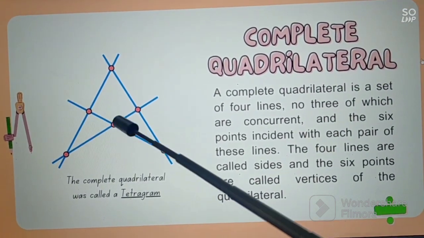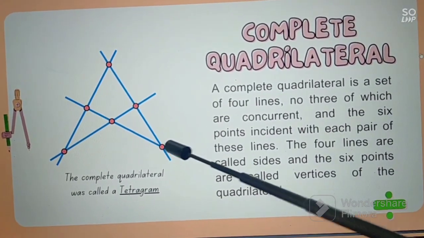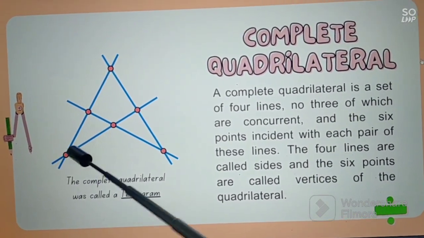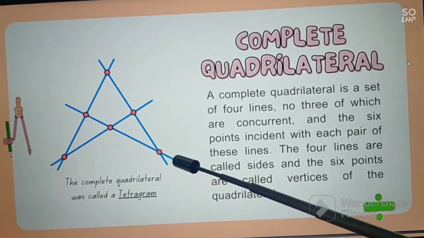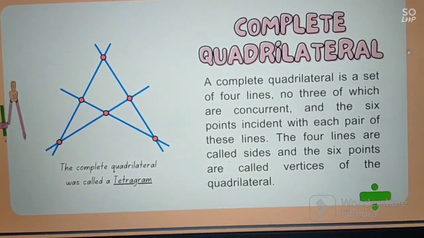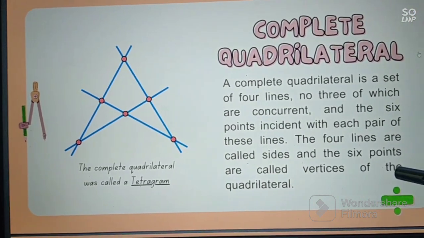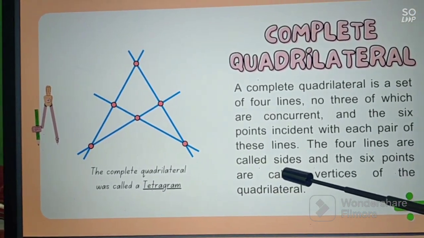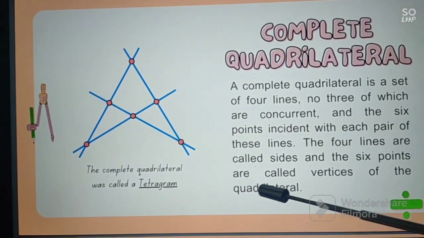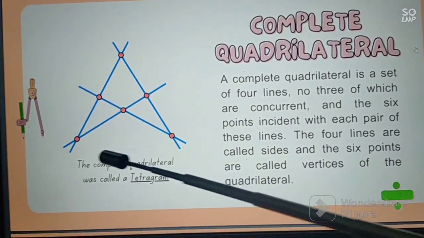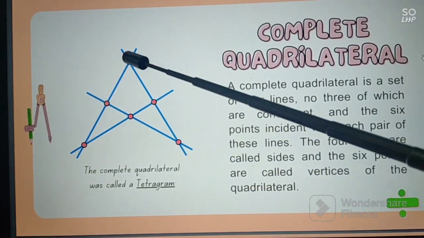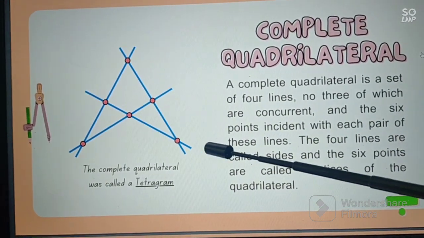Each of the 6 points is connected by a pair of lines. At one point, there are 2 lines. At the second point, there are 2 lines. So the 4 lines are called sides. And the 6 points are called vertices of the quadrilateral. So these are 1, 2, 3, 4, 5, 6.